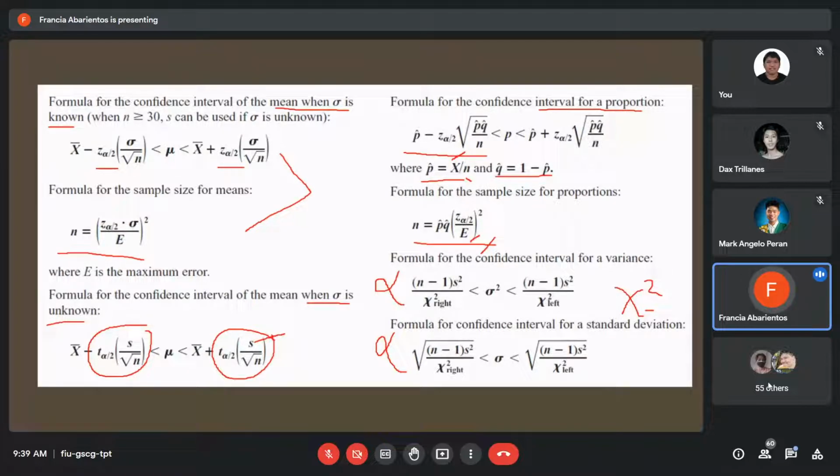So, that is now the general formulas in confidence intervals using the different tables: the z-distribution, the t-distribution, and last but not the least, the chi-square distribution.